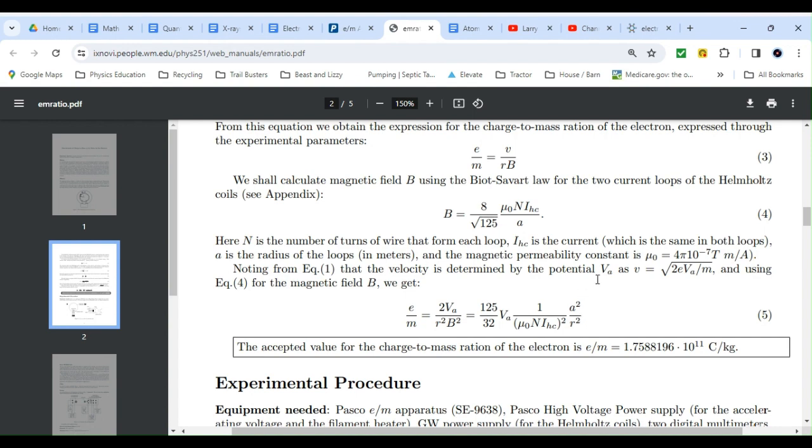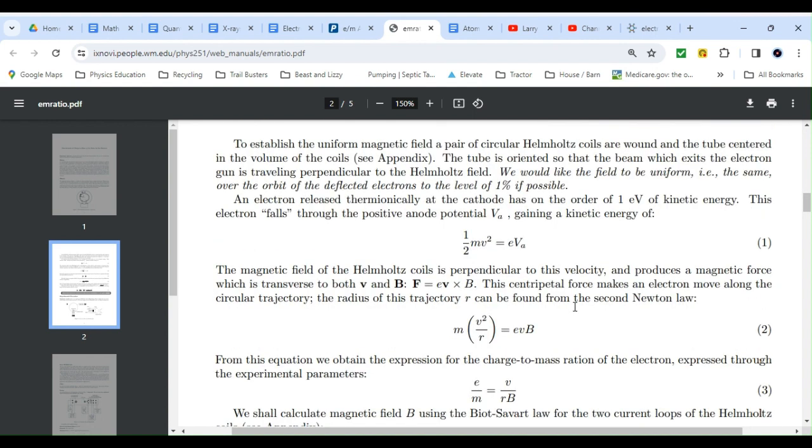This says the potential. Okay. V. Anyway, let's go back to what was easy. The energy that's picked up by the electron has to do with the voltage applied.